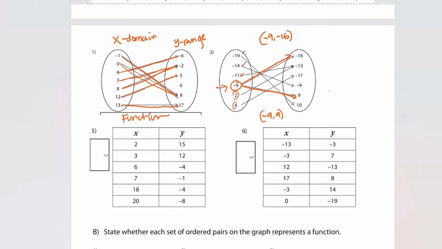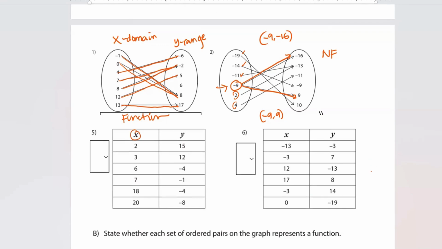Now, what if the given is a table, like question number 5 and 6? If it's a table, it's easier to look at. Whenever you see your x, just verify the numbers: 2, 3, 6, 7, 18, and 20.